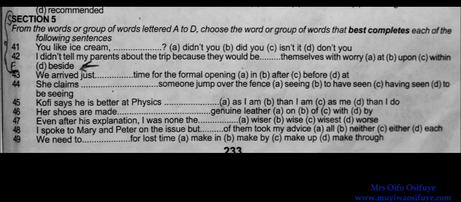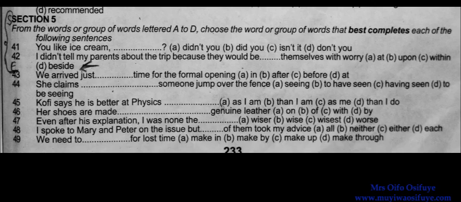The instruction here reads: from the words or group of words lettered A to D, choose the word or group of words that best completes each of the following sentences.